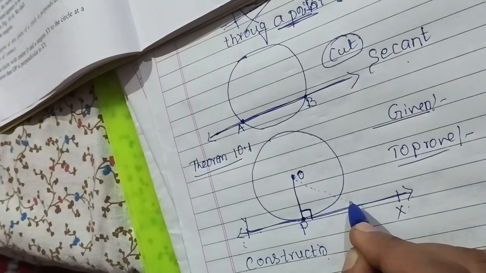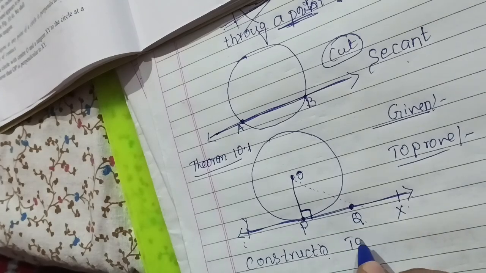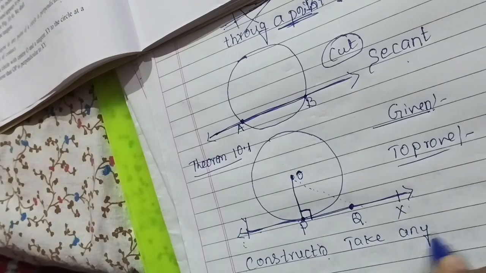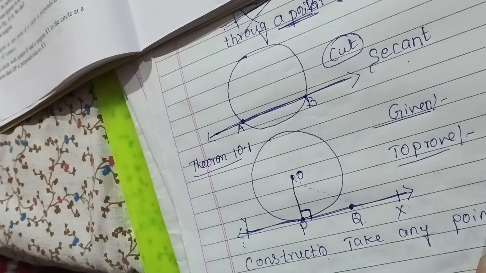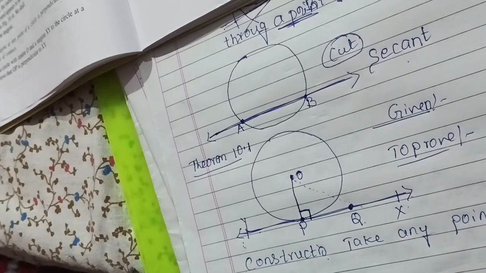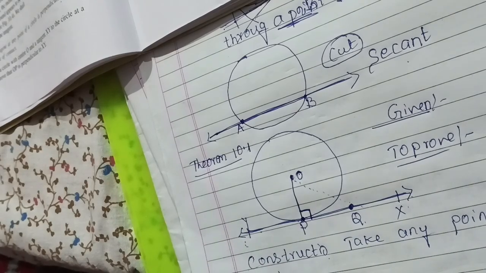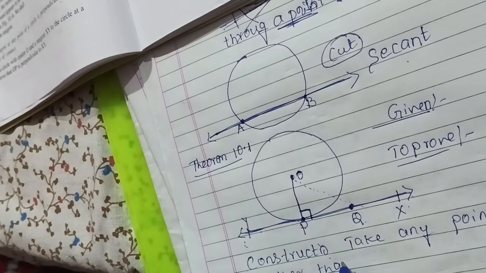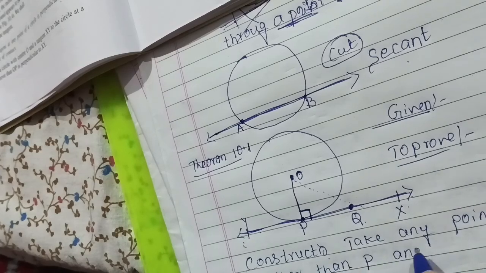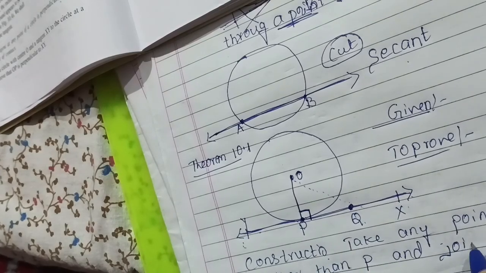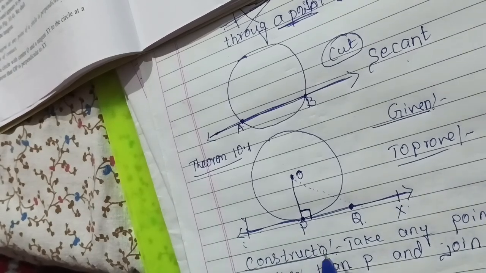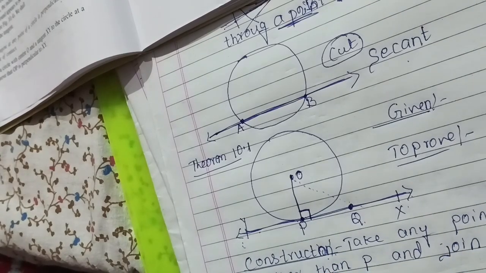Let us join OQ. This is my construction: take any point Q on the line XY other than P and join OQ.